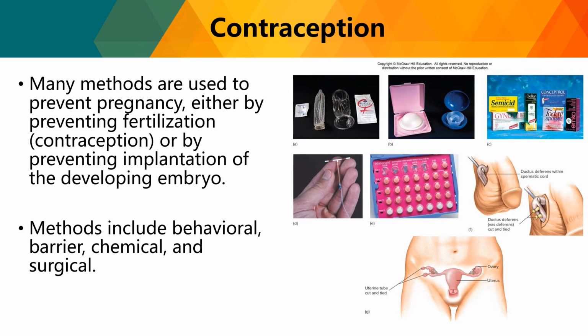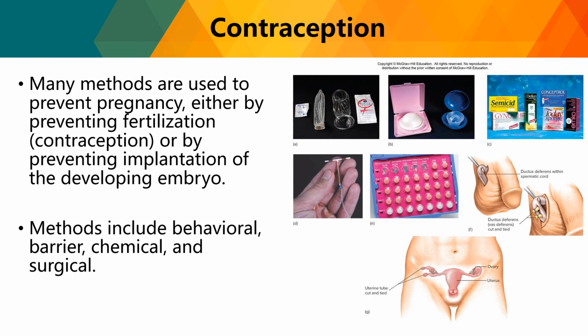Okay? And then, for contraceptions, these are methods used to prevent pregnancy either by preventing fertilization or by preventing implantation of the developing embryo. So again, the methods include behavioral, barrier, chemical, and surgical.